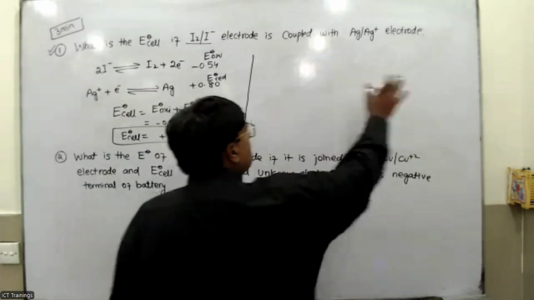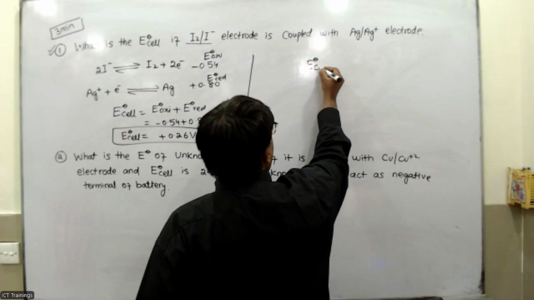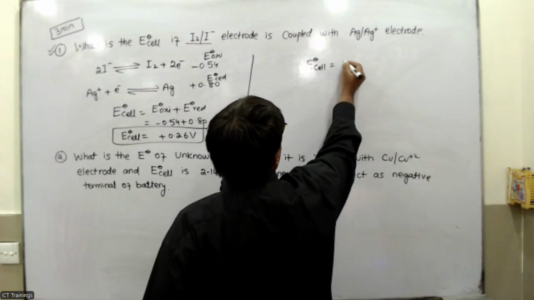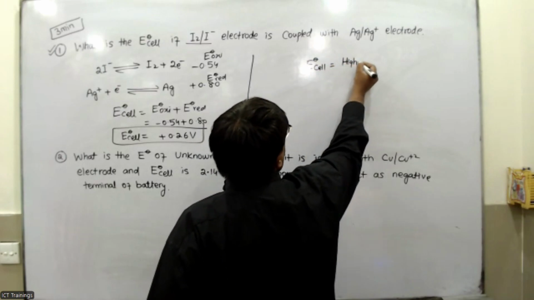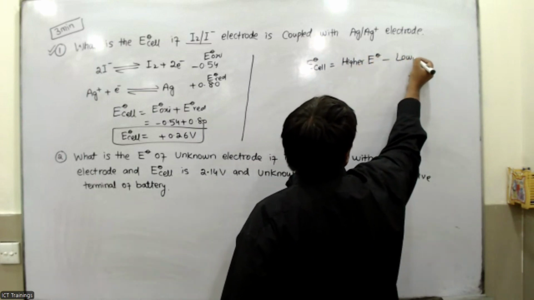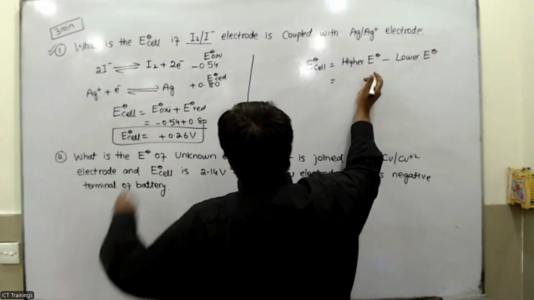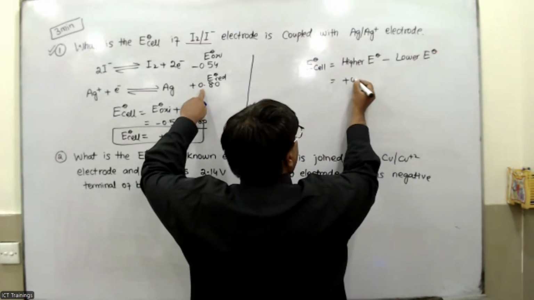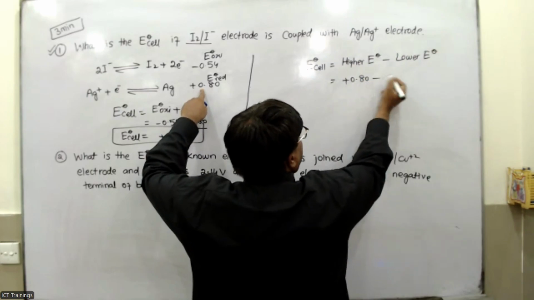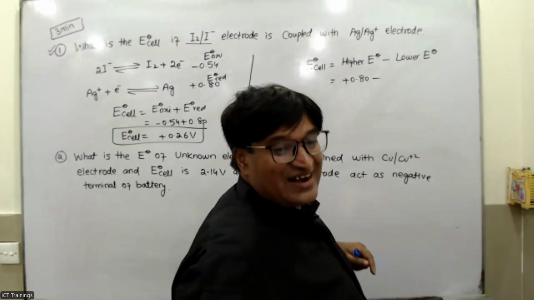If you want to do it fast, I'm going to give you this method: E naught of cell is equal to higher E naught minus lower E naught. So the higher E naught value is 0.80, and the lower E naught value is whatever was present in the data booklet.